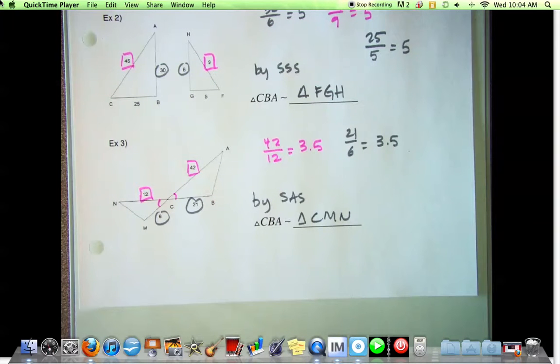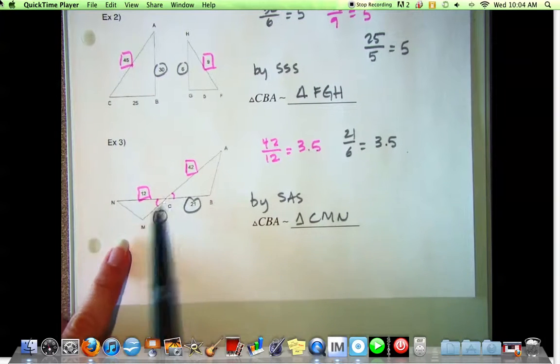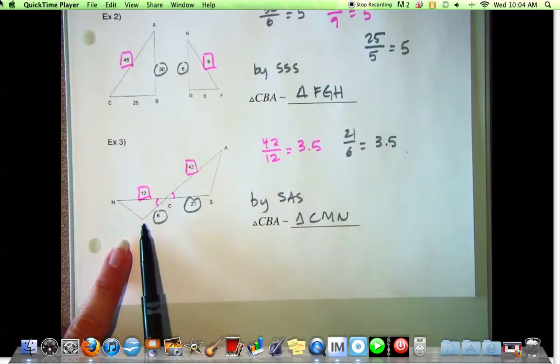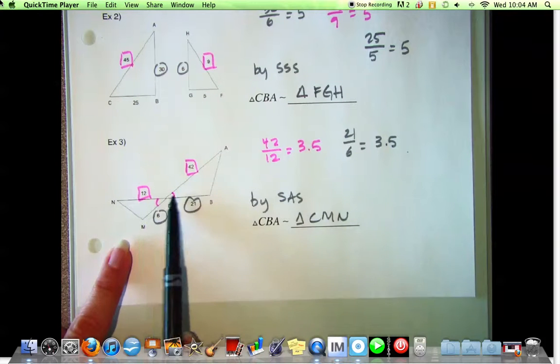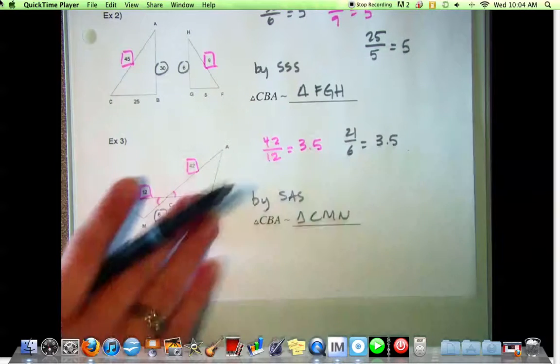Okay. Evan. Why do you compare 6 to 21 when 21 is the same side as N to M? These 2 sides, CB is similar to CM. Oh, I see what you mean. Does that make sense? Okay.